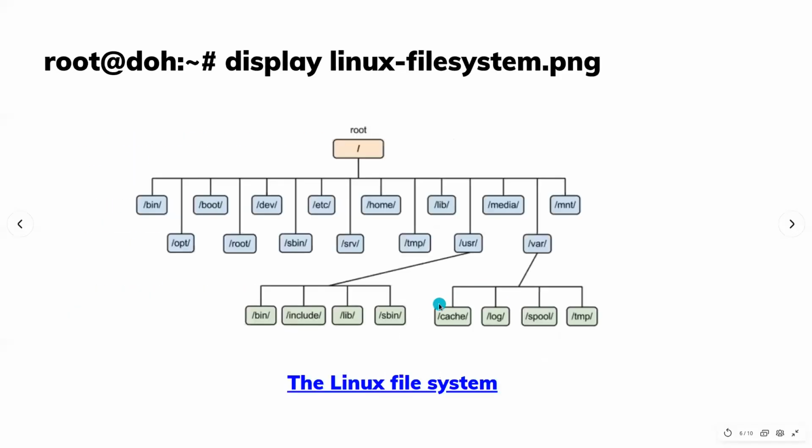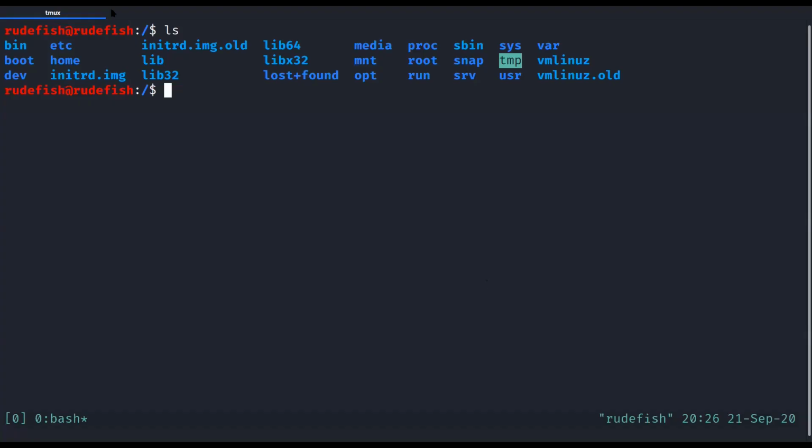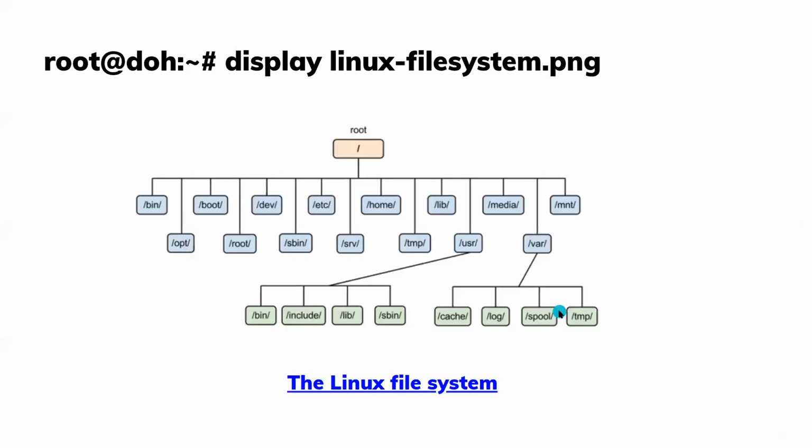So going back to this, we can see that now we change directory to the slash, and we can see we have bin, boot, dev, etc, home. We have some directories. So almost all the directories we have here, which are the building blocks of the file system, can be found on your system.